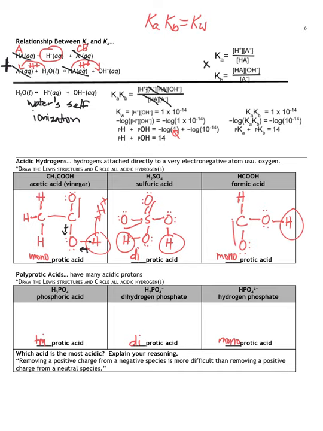I'll really make it tiny. So pause and make sure you draw this correctly. To draw this, start with phosphorus, and then I know there are going to be 4 oxygens, and I know there are going to be 3 acidic hydrogens, and so I'm going to just add them at the end here.